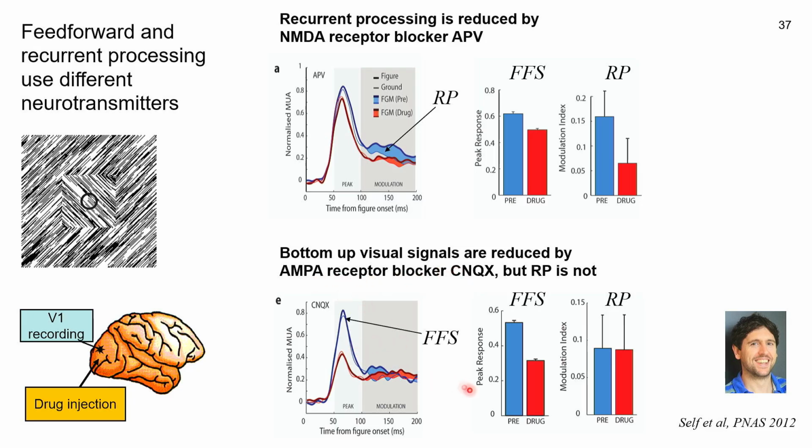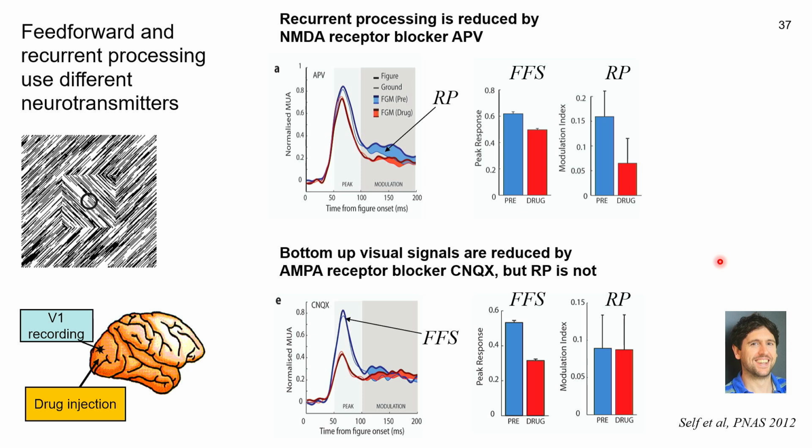As you can see, there's a very strong interference with the feed-forward sweep activation. You can also see that here, but not so much with the recurrent signals, indicating, well, for one thing, that there is also a somewhat more fundamental difference between feed-forward and recurrent processing, which may also have something to do with why the one and the other is more related to consciousness.